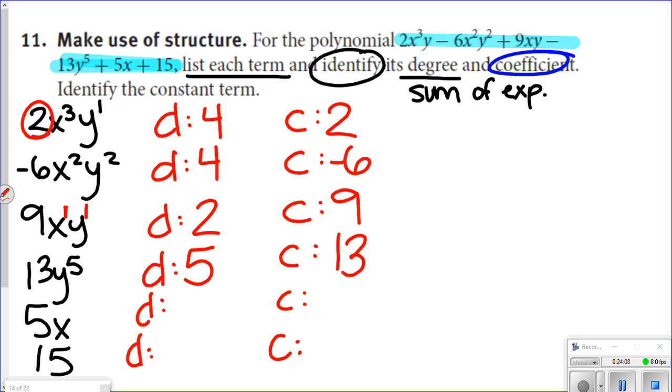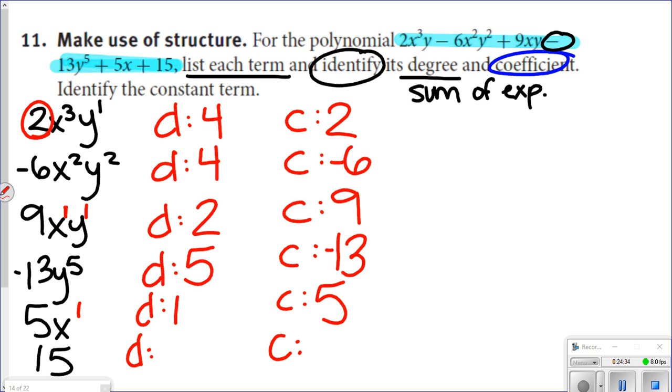Oh, I forgot about my sign, which you might have too, because it was on 2 different lines. So this negative goes with that 13y. That is totally my fault. So the coefficient is -13. Degree here is 1. Coefficient is 5.